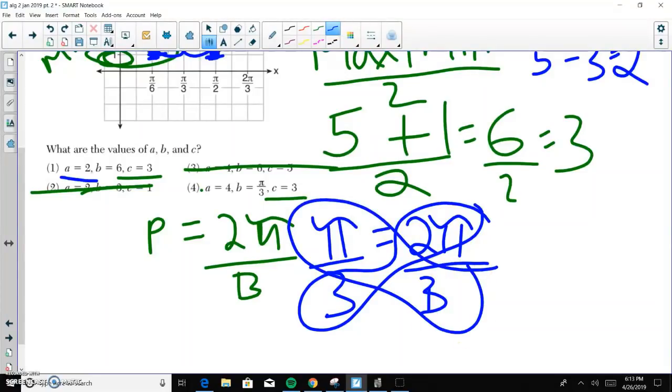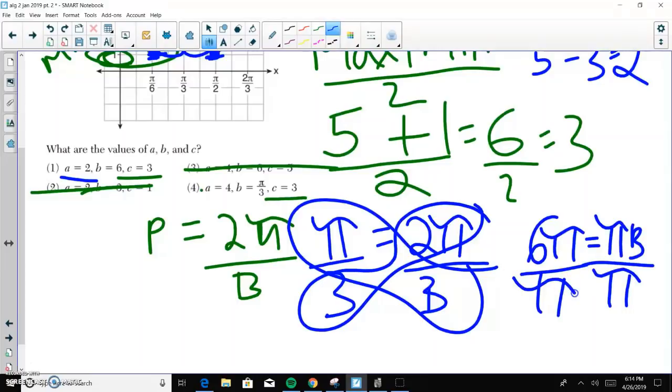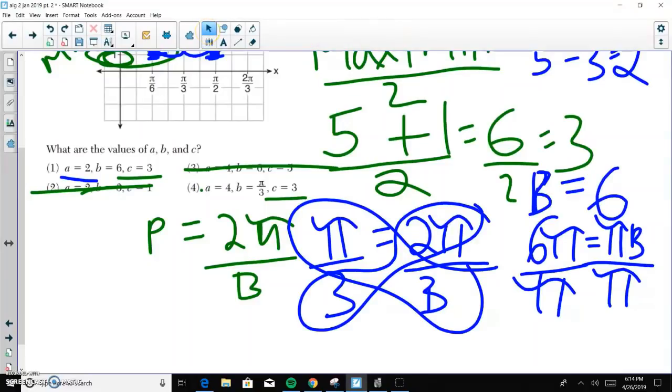So 2 pi times 3 is 6 pi equals pi b. So we divide it by pi, and we get frequency equals 6. That's why choice 1 is the answer.